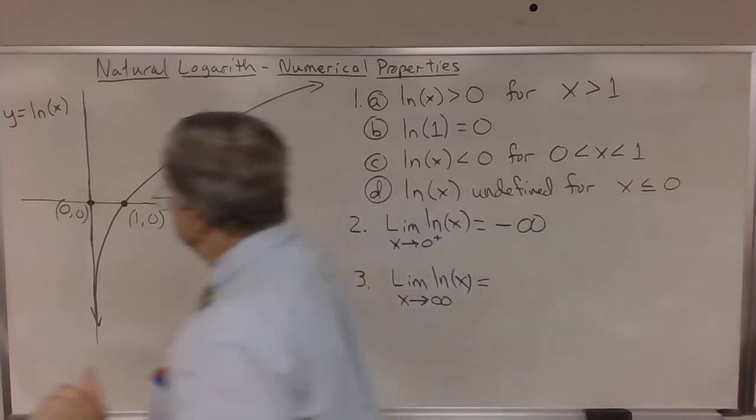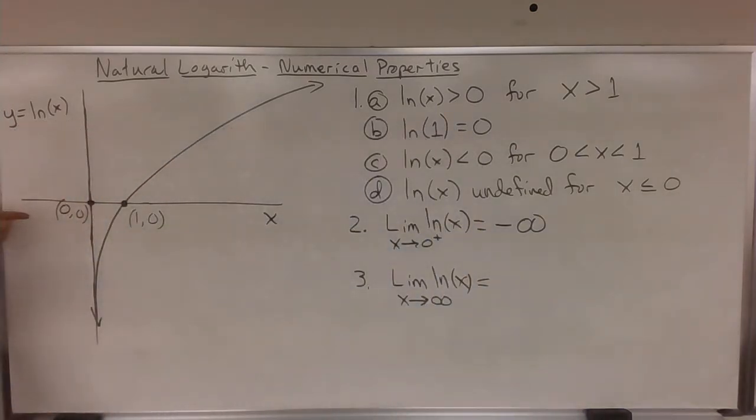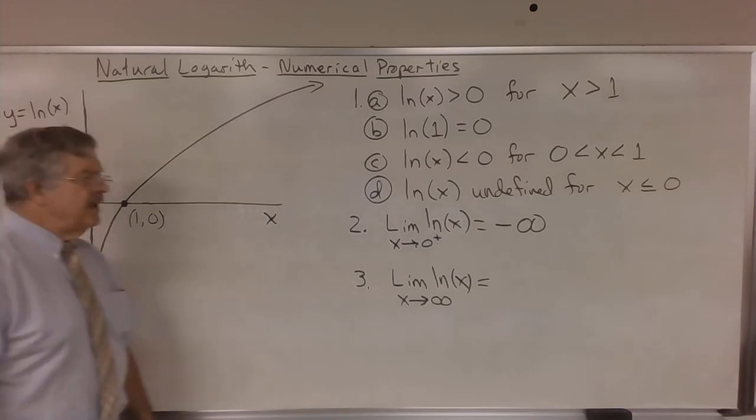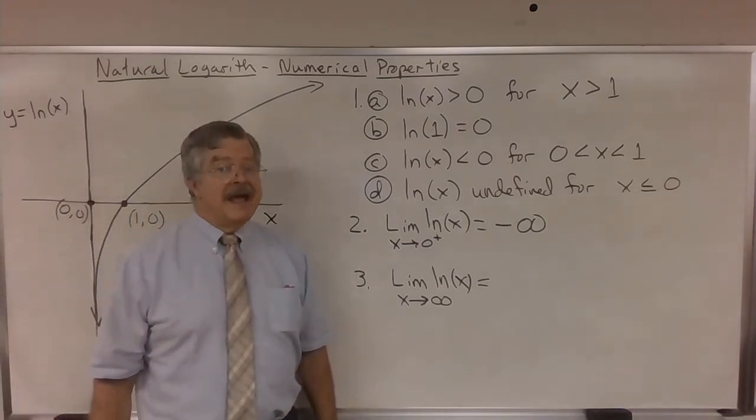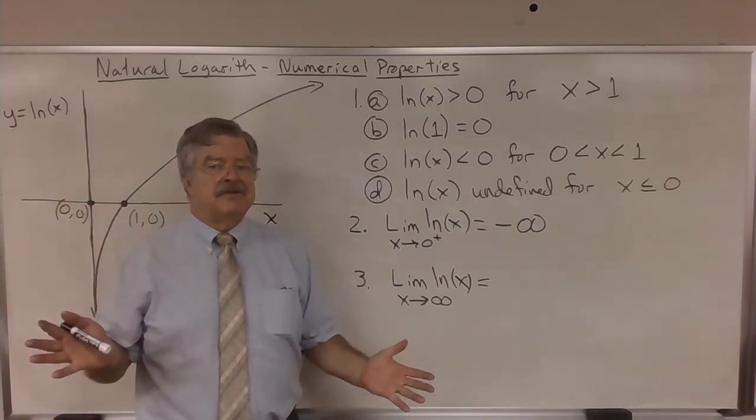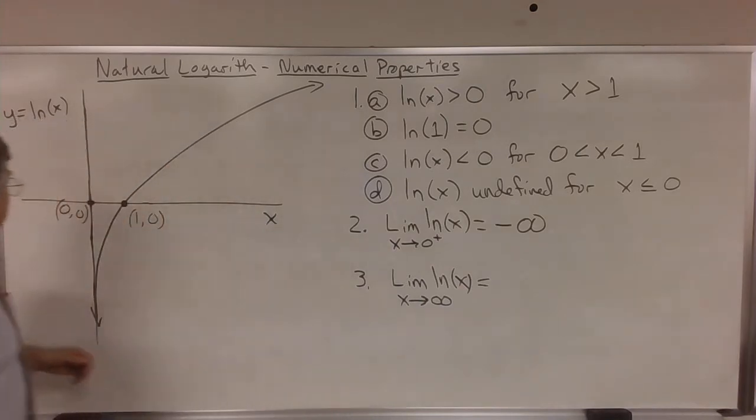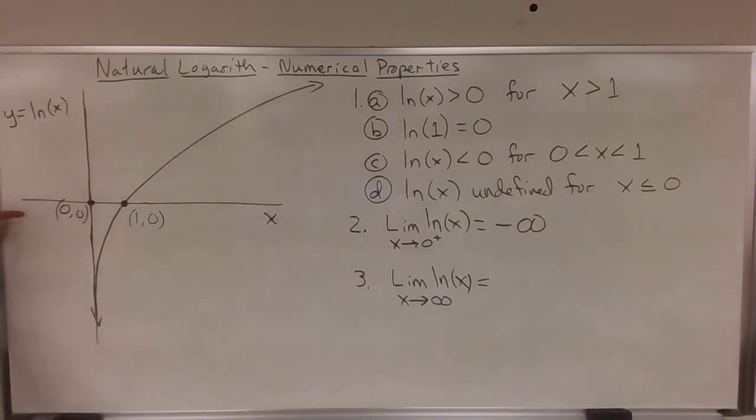And with the natural logarithm function, if x approaches 0 from the left, f of x, the natural logarithm of x, isn't approaching anything because it's not defined over here. So the limit as x approaches 0 from the left of this function just doesn't exist. Because if x approaches 0 from the left, we're in a region where this function isn't even defined. So of course the limit can't exist.